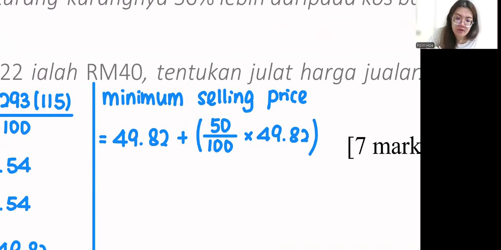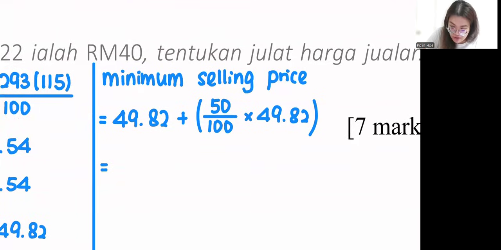I know you can straight away write multiply by 1.5. And also, I write like this because I worry some of you don't understand. 74 ringgit and 73 cents.